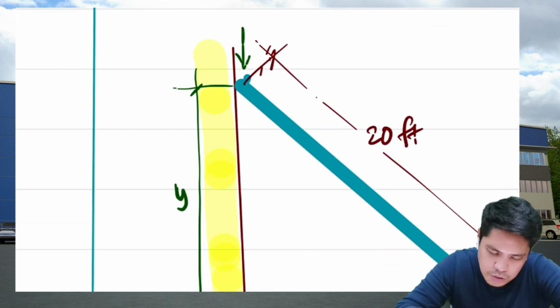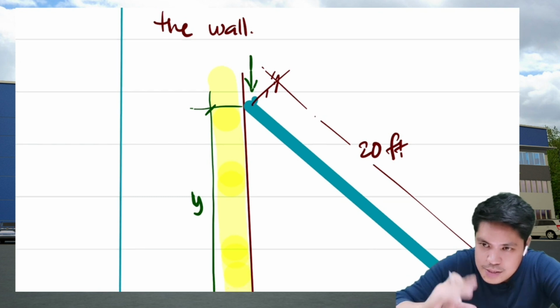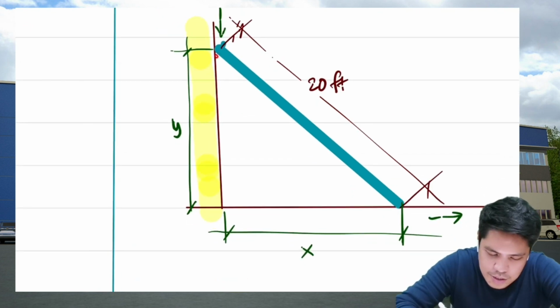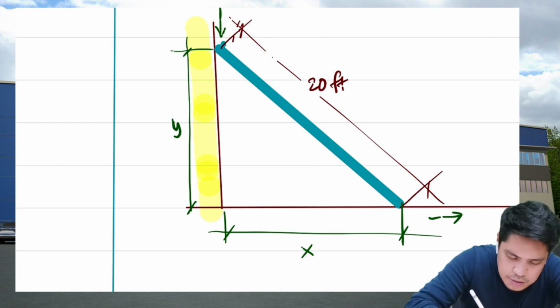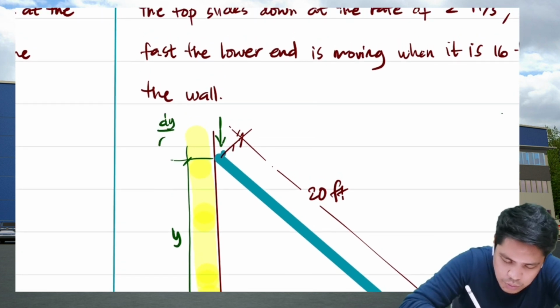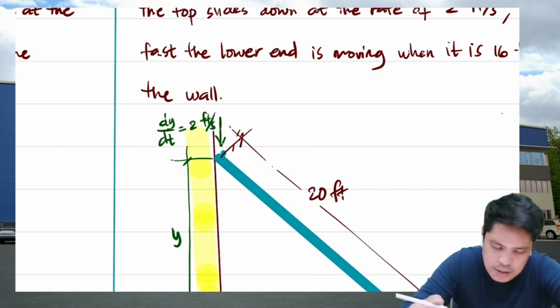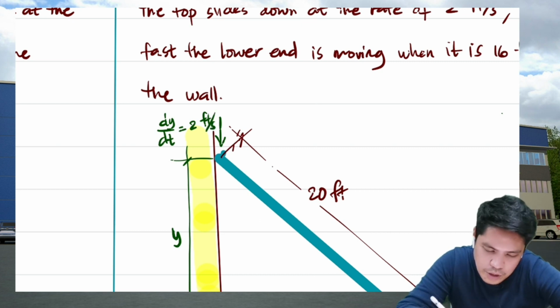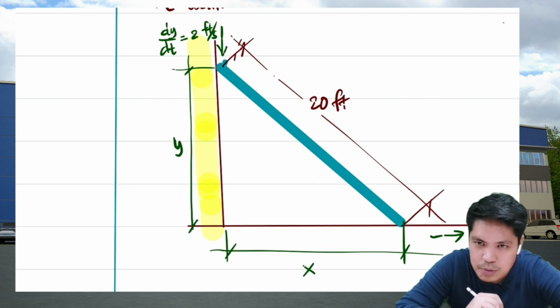If that is y, therefore, the rate at which y is decreasing is equal to 2 feet per second. Hence, dy over dt is 2 feet per second. Ulitin ko, it is because y is decreasing 2 feet for every second. Yun yung sabi dun sa problem.